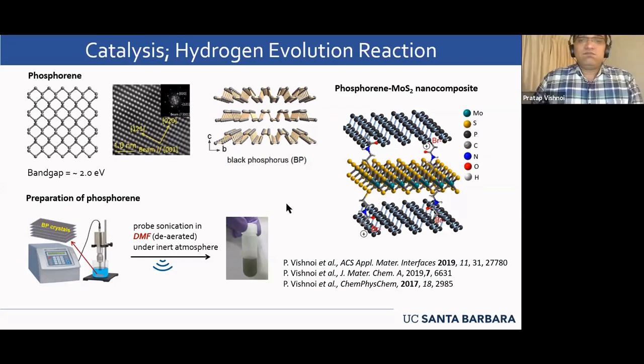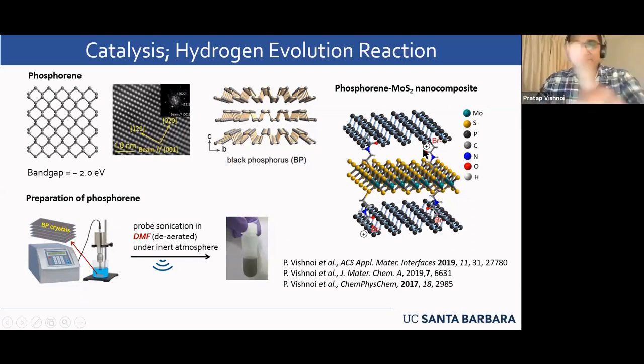Well, there's no end to that actually. What else you can do is take a phosphorene sheet, take a molybdenum disulfide sheet, connect them by chemical bonds, and make heterostructures or nanocomposites. We call them composites, or people call them heterostructures, because you mix two different types of two-dimensional materials.